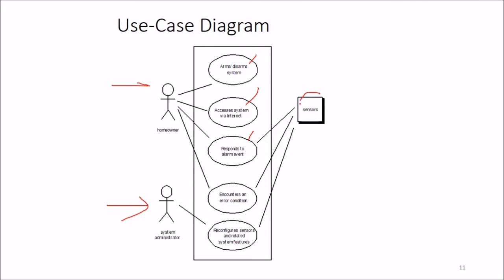So there are various things when dealing with the other parts like sensors, but this is how an actor will interact with the system. And as far as the system administrator is concerned, what role does he have in this particular scenario? He reconfigures the sensor and related system features.